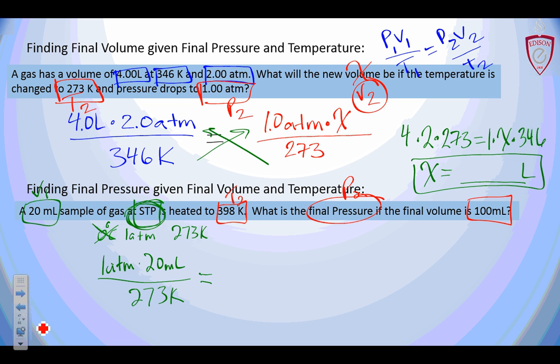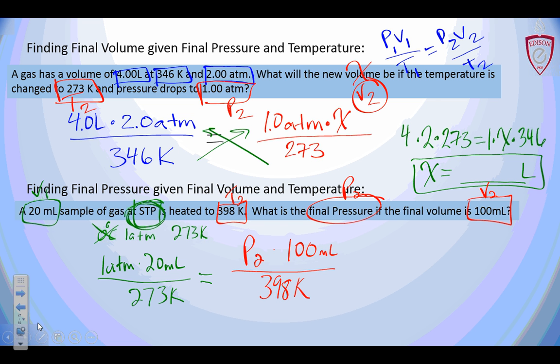And the final volume, 100 milliliters. So now it's P2, V2. I like to know that I'm solving for P2 personally, so I like to keep it in. P2 times 100 mL divided by 398 Kelvin. And so then we get you through the cross multiplication steps.